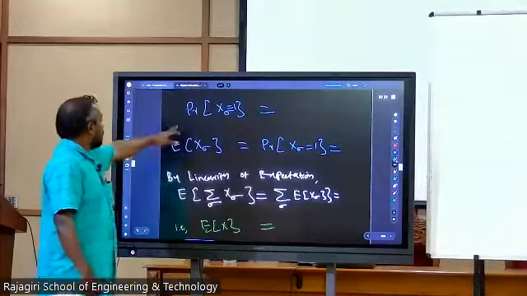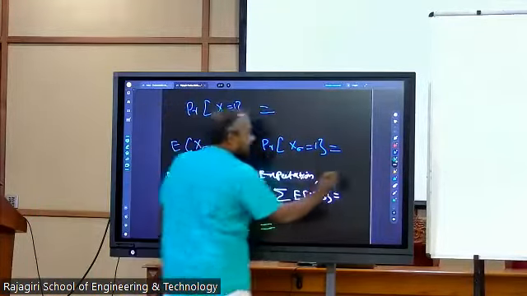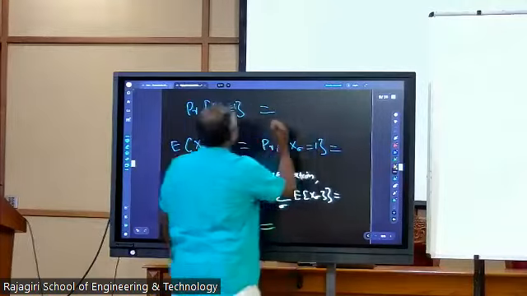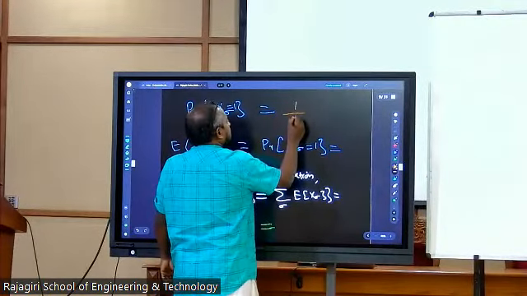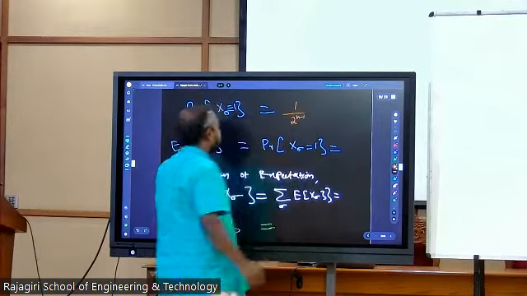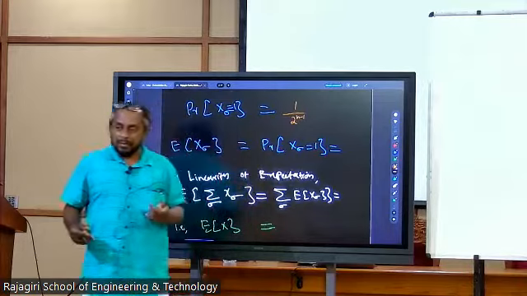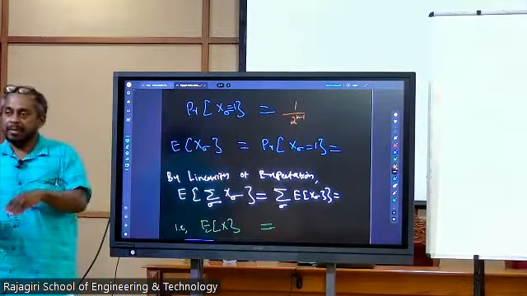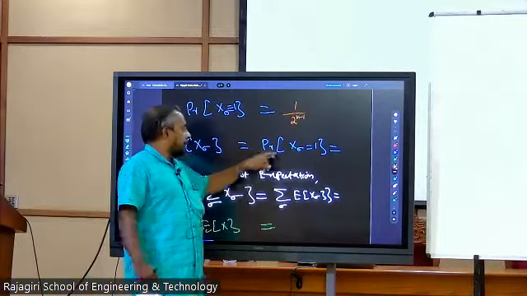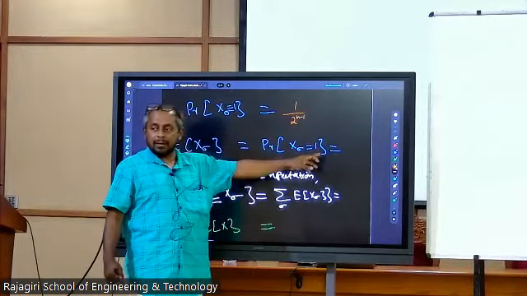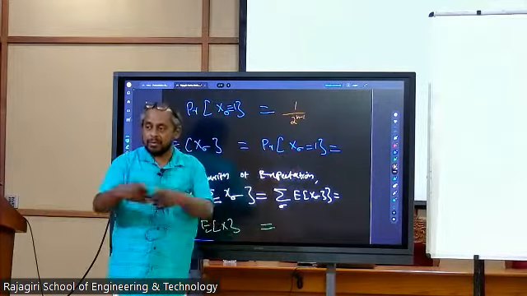So the probability that X sigma is equal to 1 is, as we just found out, 1 by 2 raised to n minus 1. For an indicator random variable, the good thing is that the expectation and probability coincide, because the expectation of X sigma is the probability that X sigma is equal to 1. Whenever it is not 1, it is 0, so it will not contribute anything.